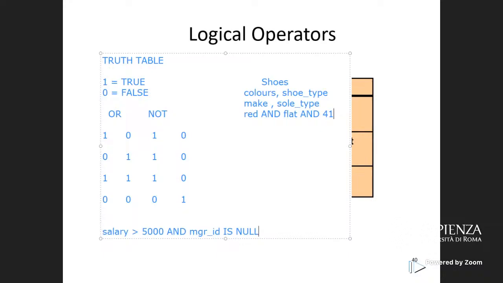I'm not saying they do not exist, I'm saying I've not seen them. And then it's size 41 also. So it narrows it down. So now, for you to make the purchase, the shoe must be red, it must have a flat sole, and it must be size 41. All of these things have to be true for you to make the purchase.